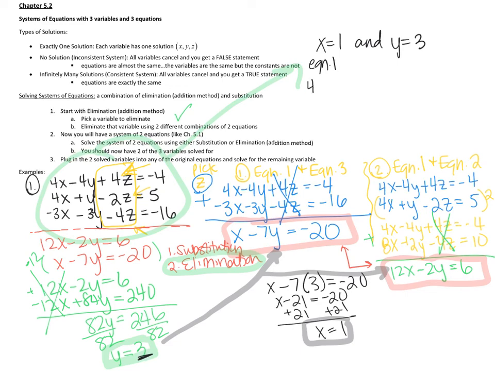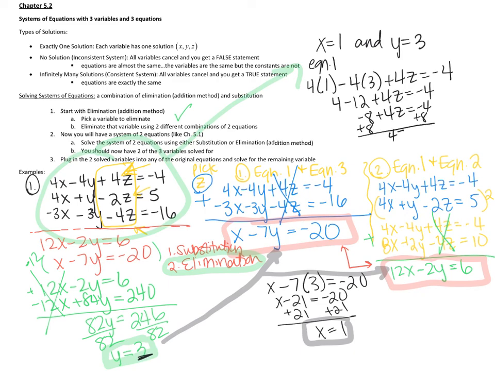So I have 4 times now 1 minus 4 times now 3 plus 4z equals negative 4. All right, so I plug in my x and my y, and now let's go ahead and solve it. So I'm going to have 4 minus 12 plus 4z equals negative 4. So I'm going to have negative 8 plus 4z equals negative 4. I'm going to add that 8.